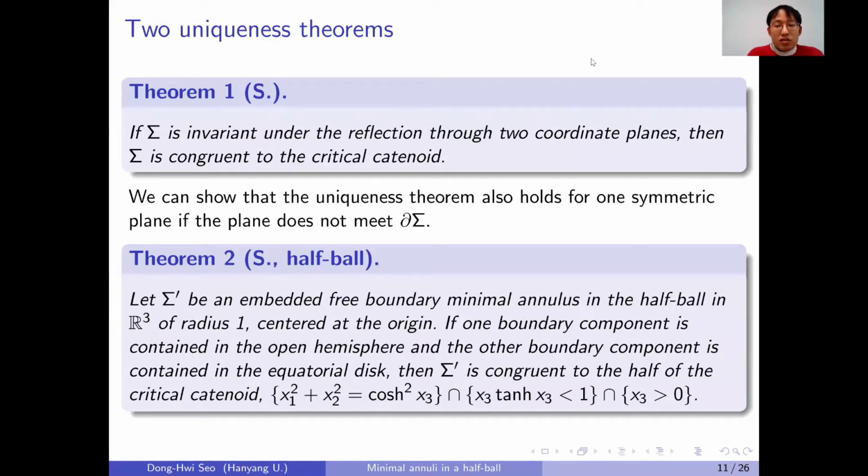Now let me introduce some of my uniqueness results for the critical catenoid. The first theorem says if the surface is invariant under the reflection through two coordinate planes, then it should be congruent to the critical catenoid.